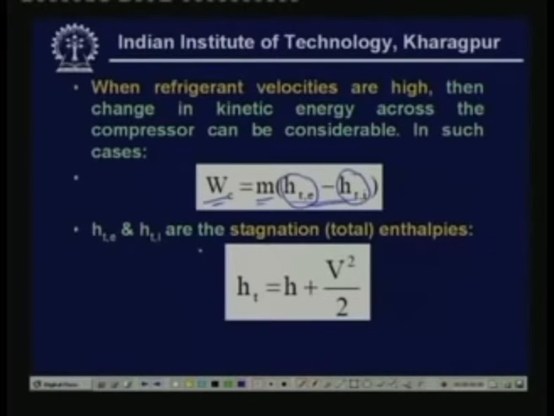Okay. And these two are related by this expression. HT is the stagnation or total enthalpy, and H is the static enthalpy, and where V is the velocity of the refrigerant. Okay, as you can see here, when the velocity is negligible, HT will be almost same as H. That means the static enthalpy will be close to the stagnation enthalpy.